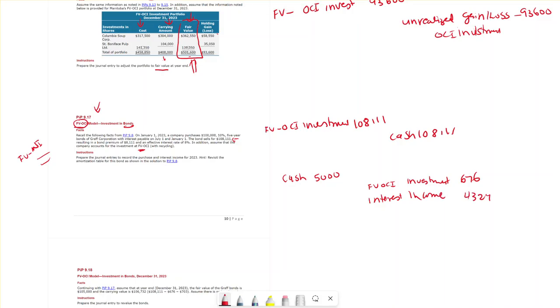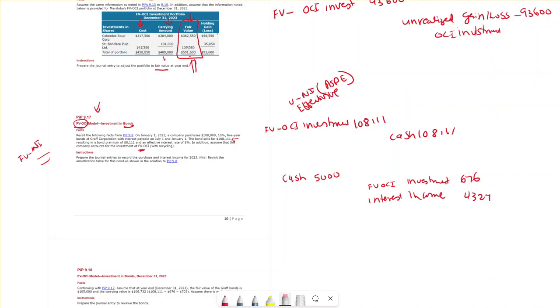So whatever you did under fair value net income investment under the ASPE, these transactions are exactly the same, because the question we did was that they use an effective method. That's what the IFRS will be doing. So all your journal entries are similar.